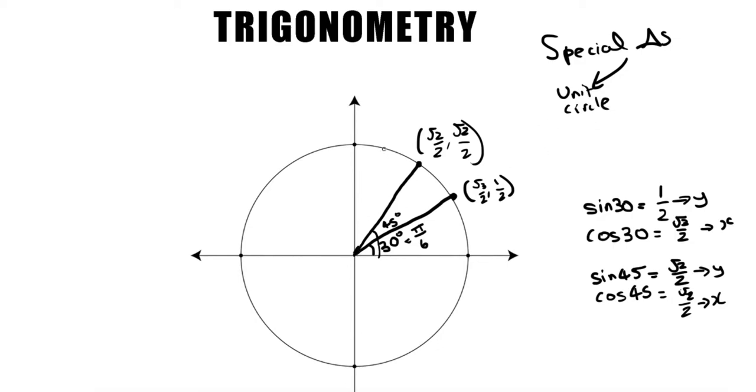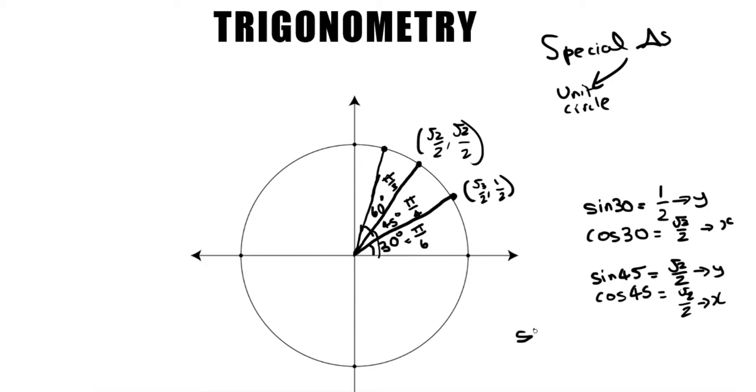And the last angle that we need to know, which is really complicated to know rather, is this, which is 60 degrees. Oh, and by the way, this is pi/4 radians, and this is pi/3 radians.